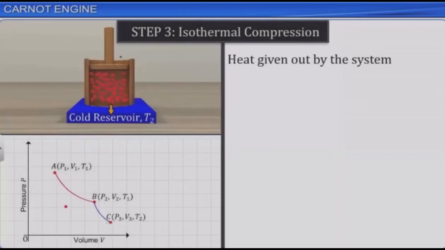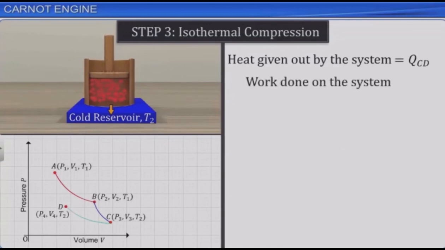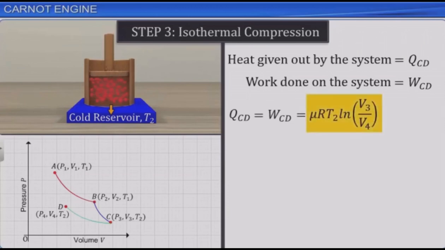Let the heat given out by the system to the cold reservoir be QCD, and the work done on the system be WCD. Since the process is isothermal, QCD is equal to WCD, which is equal to mu R T2 ln V3 by V4. Let this be equation 4.